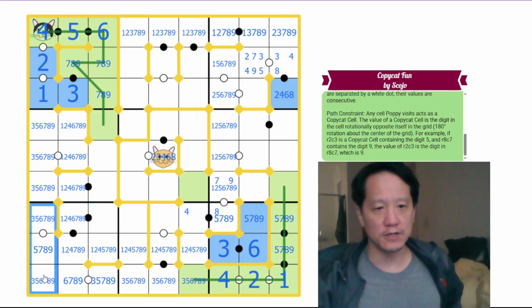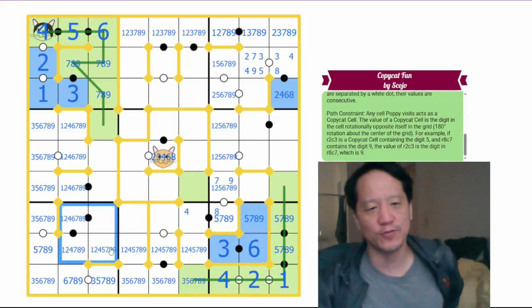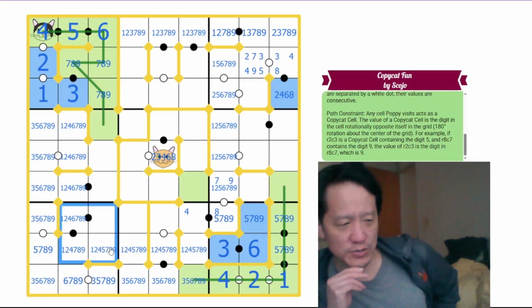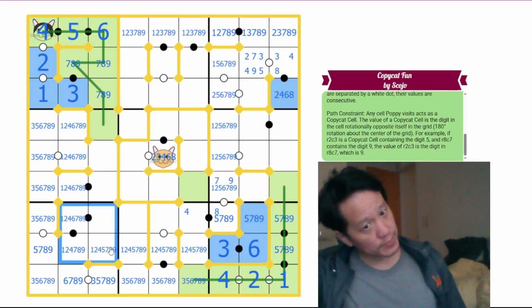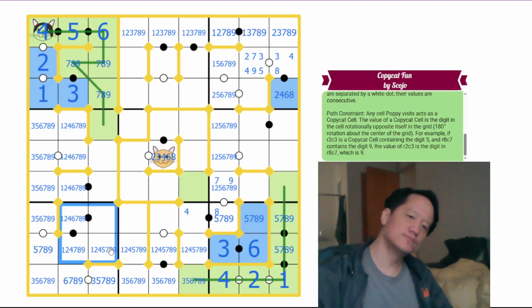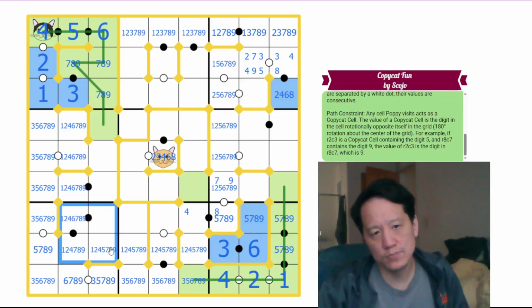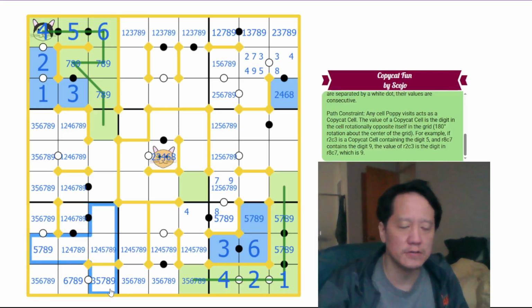We are guaranteed in box 7, 1, 2, and 4 have to be in 3 of these 4 cells. That's very interesting. 6 cannot be any of these.